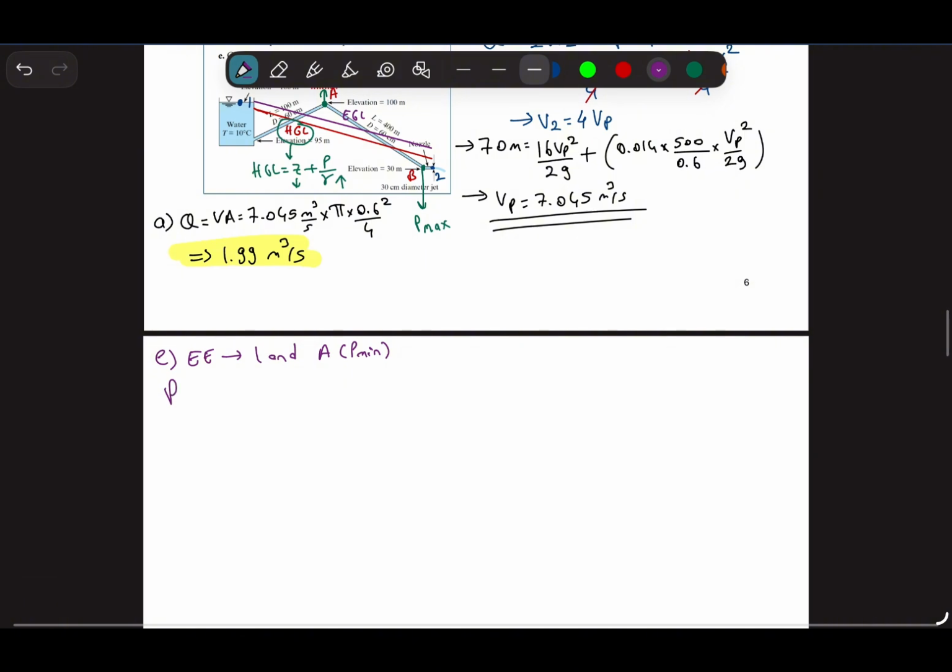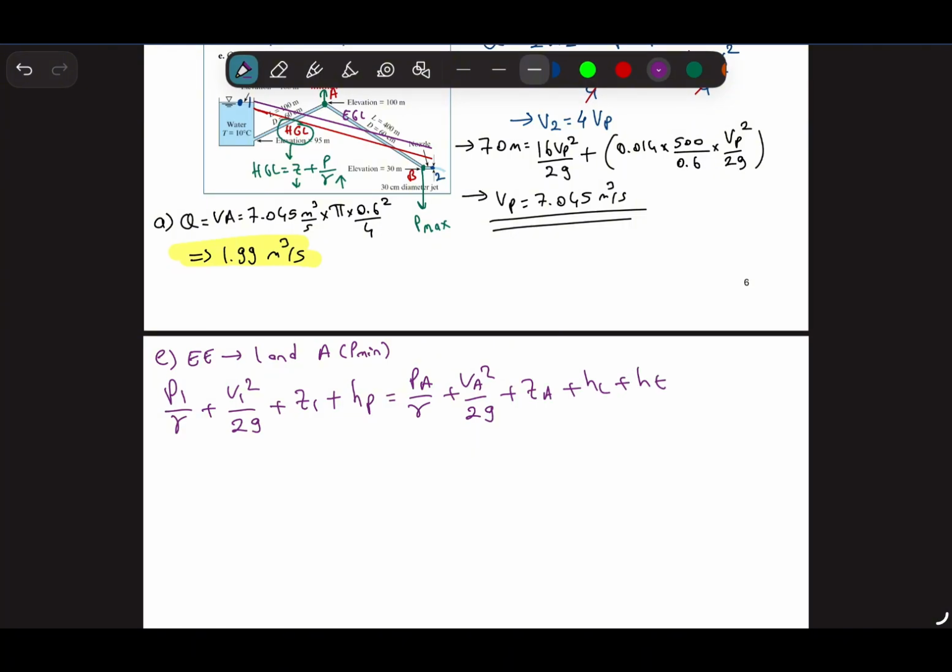As always, we have P1 over gamma, V1 square over 2g, plus pump is equal to PA over gamma, VA square over 2g, plus ZA and head loss and turbine.